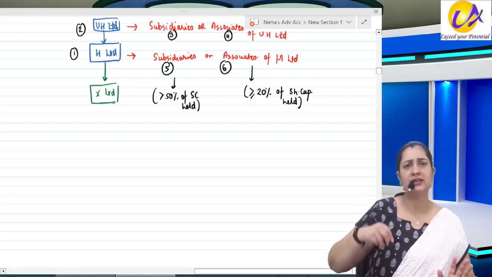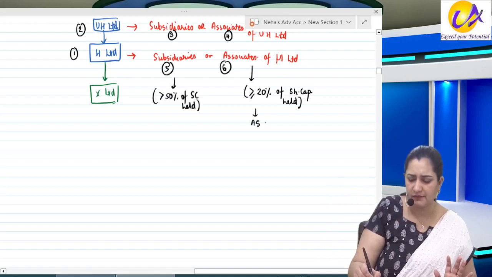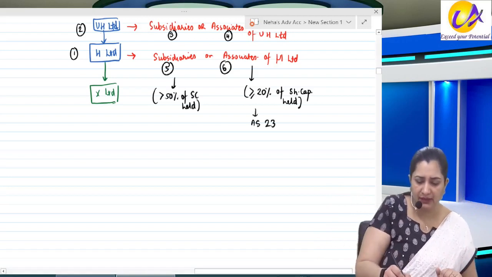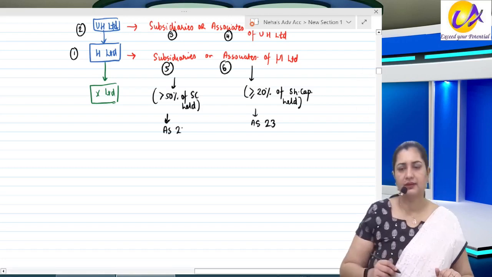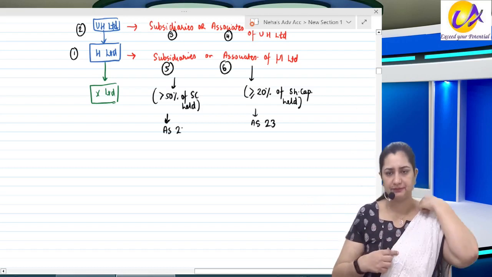Associates we will cover in more detail in AS 23, and subsidiaries in AS 21. We are going to learn this later, but right now because the words have come, we have to understand.